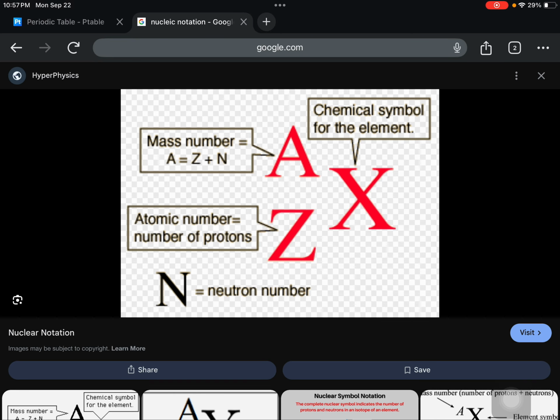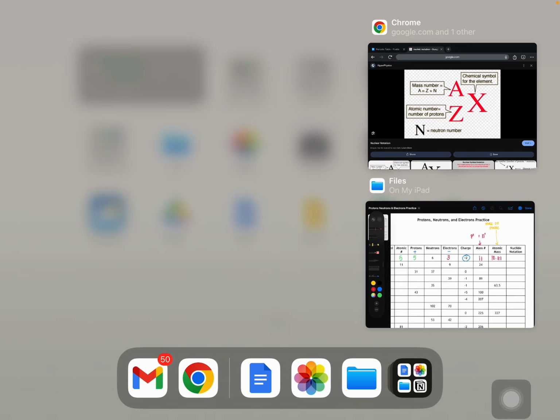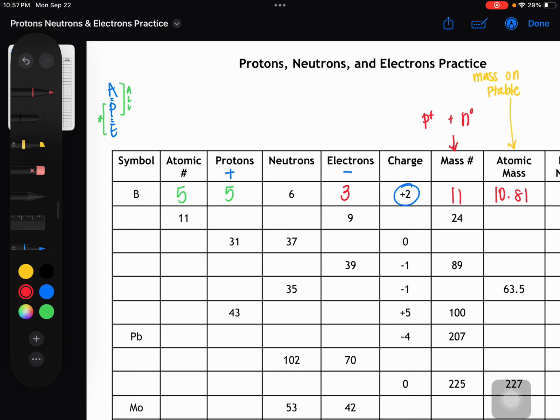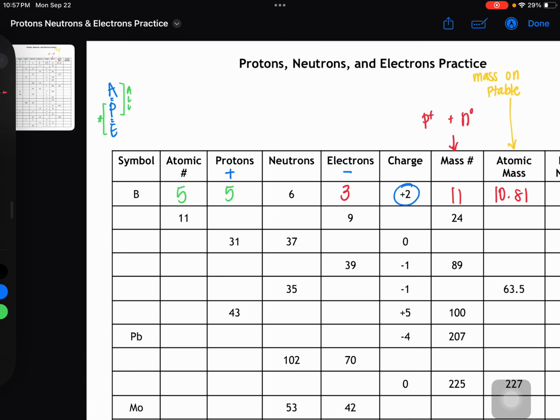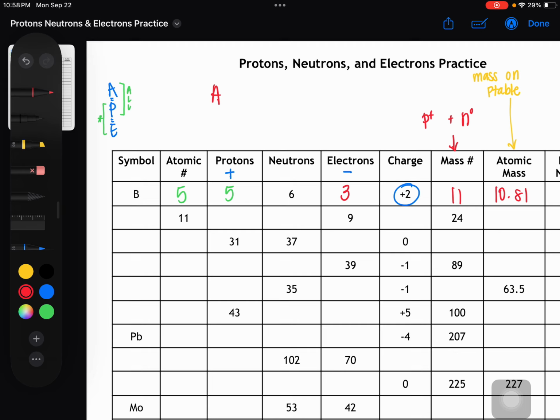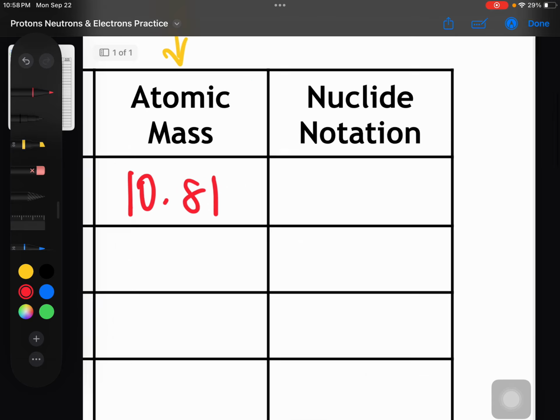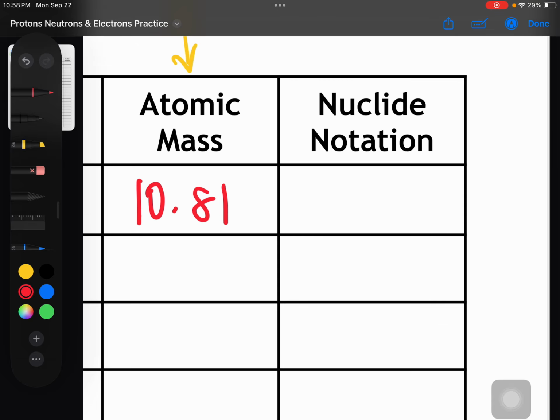So in nuclide notation, we have the symbol represented by X, the atomic number by Z, and the mass number by A. So A, Z, and X. So for this question here, we have B for boron.